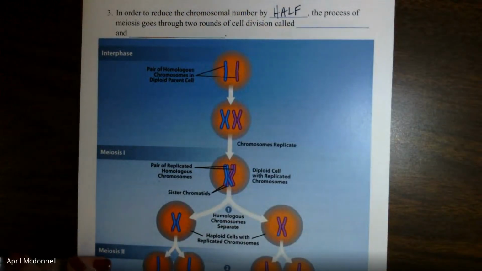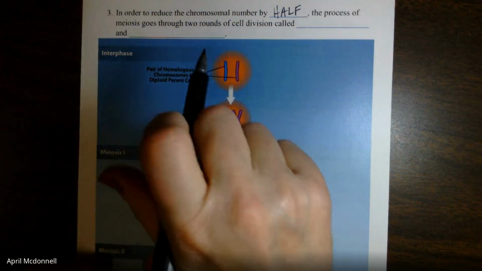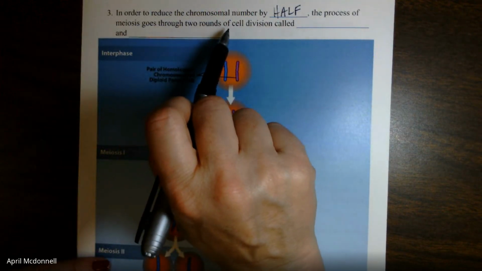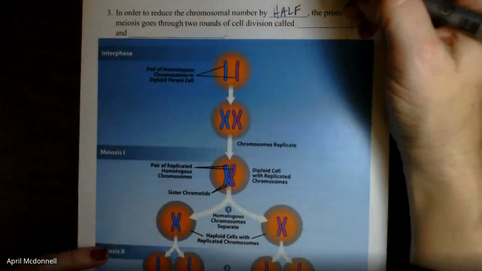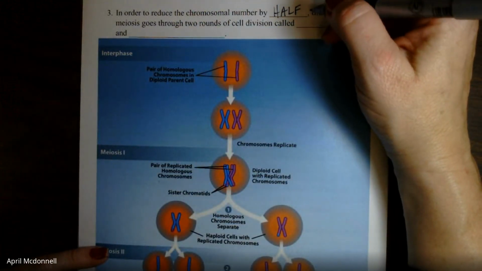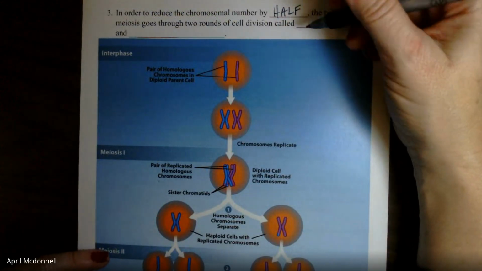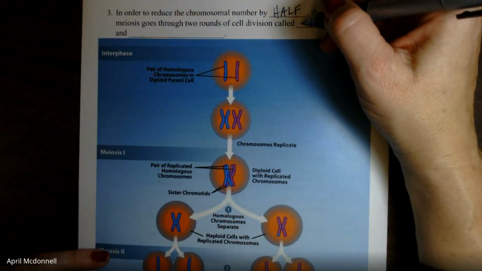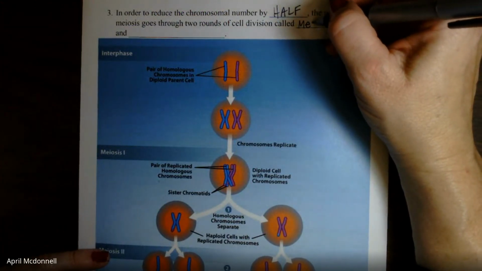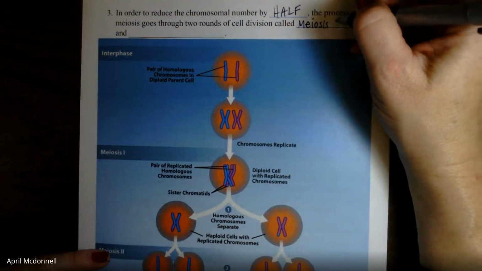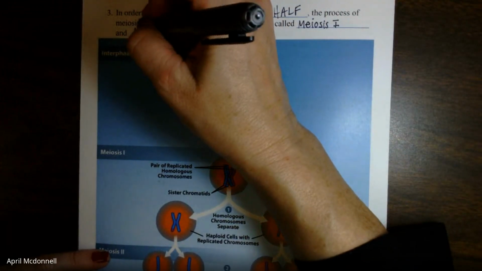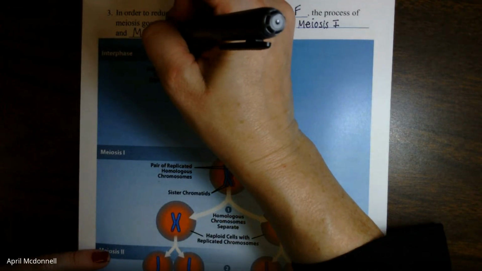I will explain this. The process of meiosis is going to have to go through 2 rounds of cell division in order to reduce the chromosomal number by half in the cells that are produced at the end of the meiosis process. These 2 cell divisions are called meiosis 1 and meiosis 2.